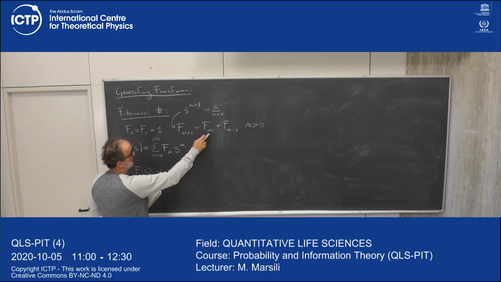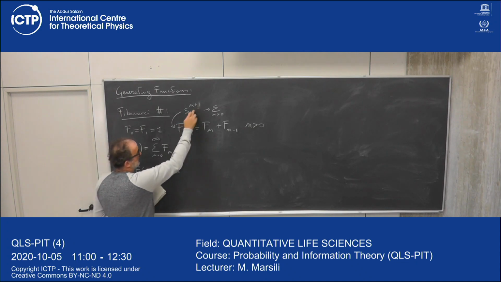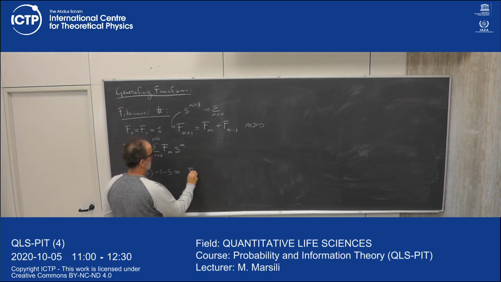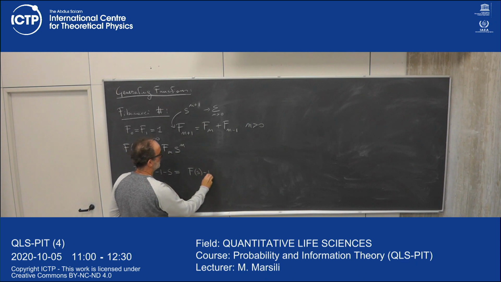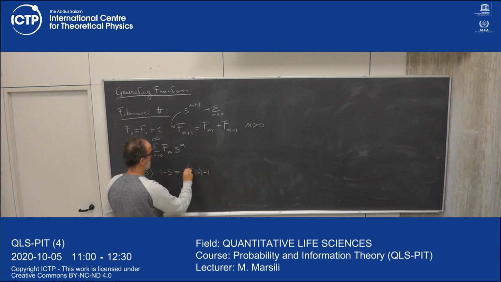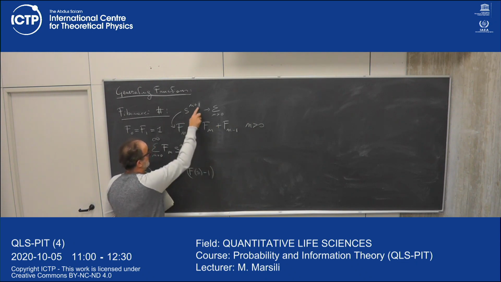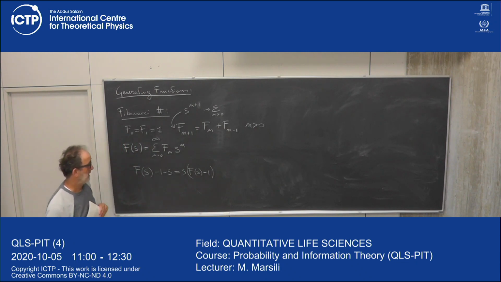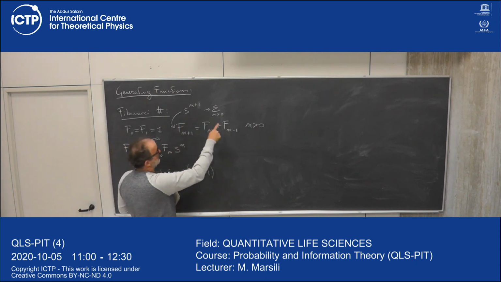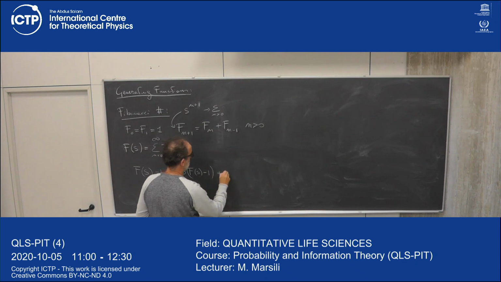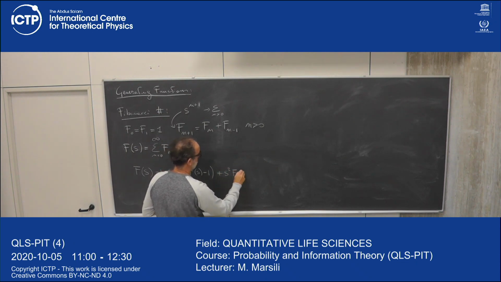On this side, when you multiply by s to the n plus 1, s to the n times this gives you f of s minus 1, because in the series, in the sum, you don't have the first term. And then you have the plus 1, which gives you an s. And when you multiply these and sum over all n, instead you get s squared times f of s.